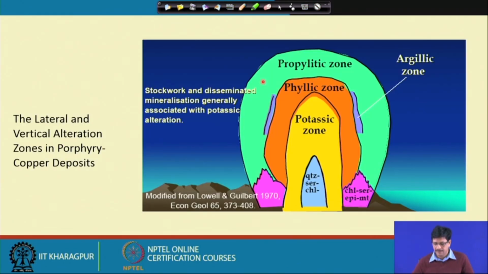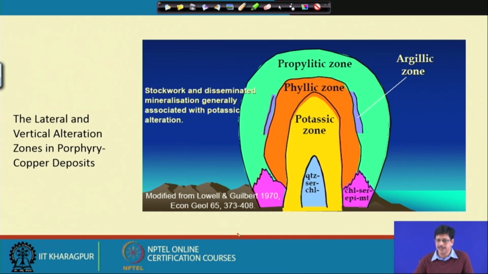Now, we could possibly recall and identify this. This is a schematic or a proposed model of the alteration zones around porphyry copper deposits.